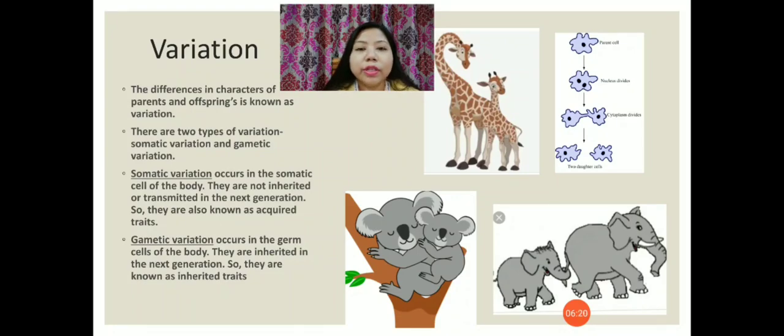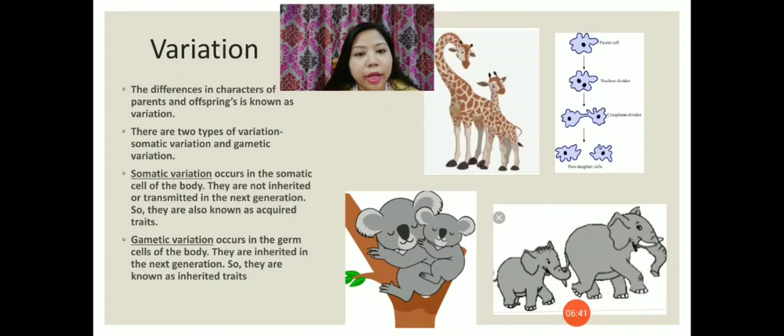So when there is no change in the germ cells or the gametes, the characteristics are not inherited from the parents to the offspring. That means the variation has taken place in the somatic cells, not in the germ cells.